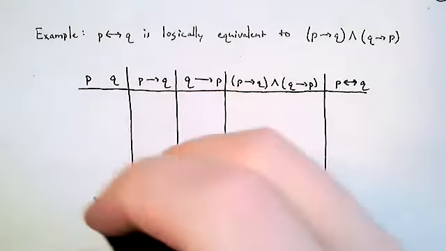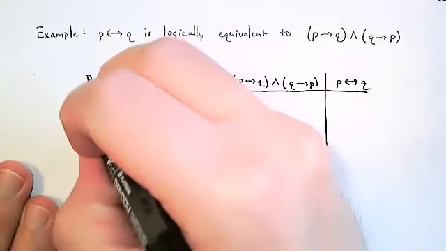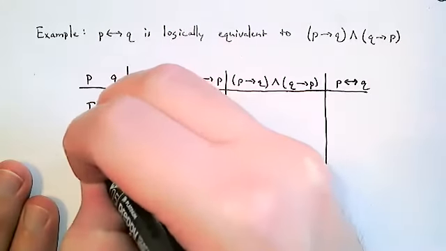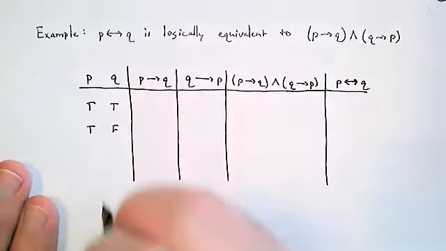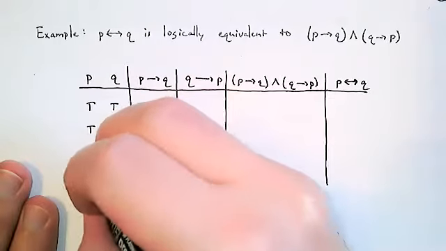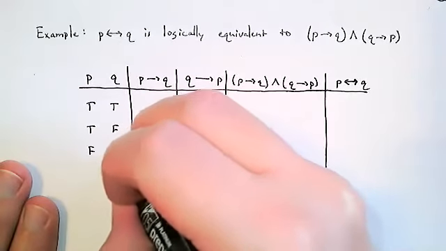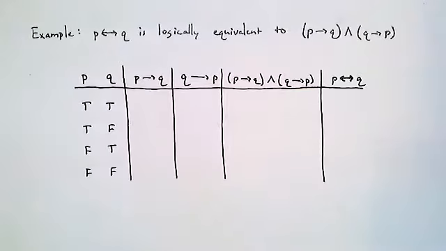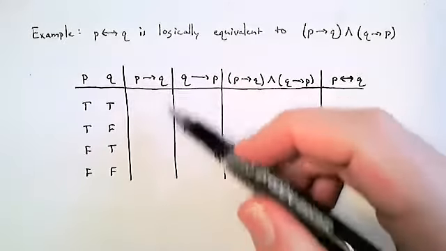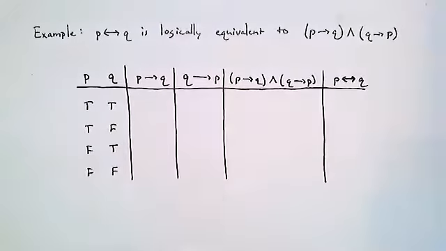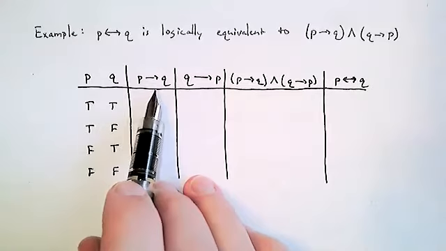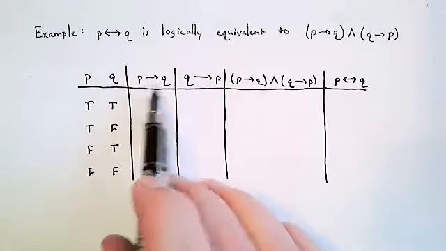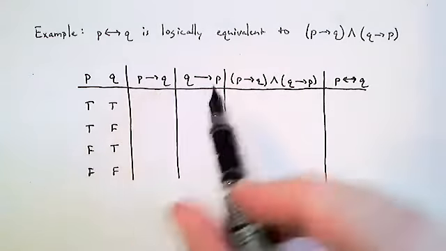Okay, and this one I'm going to do a little bit faster since we have some experience. We fill in the simple truth values for P and Q, the four possibilities. And then we already know the values for the conditional. We know that this is true unless we have a true on the left and a false on the right.